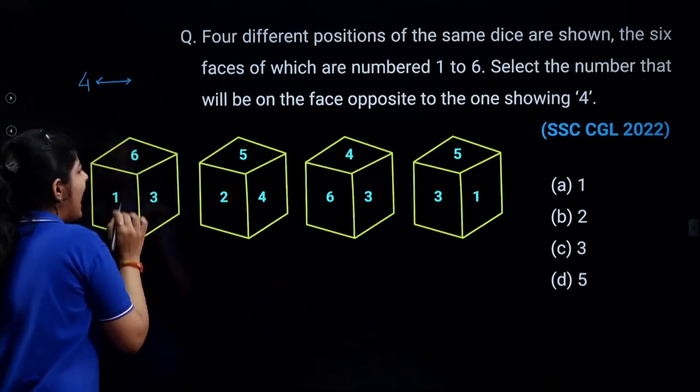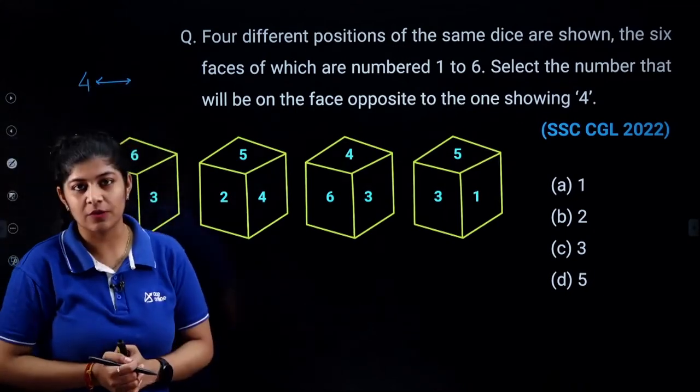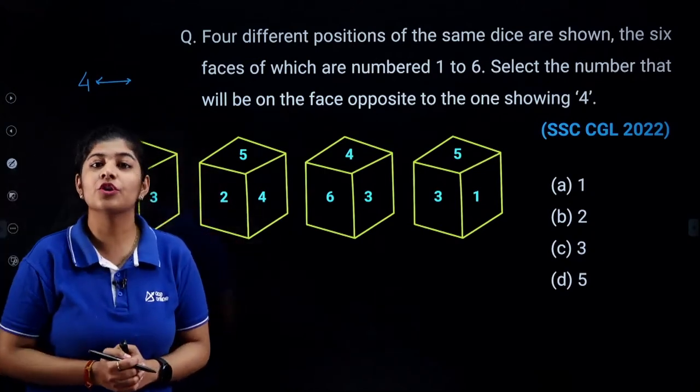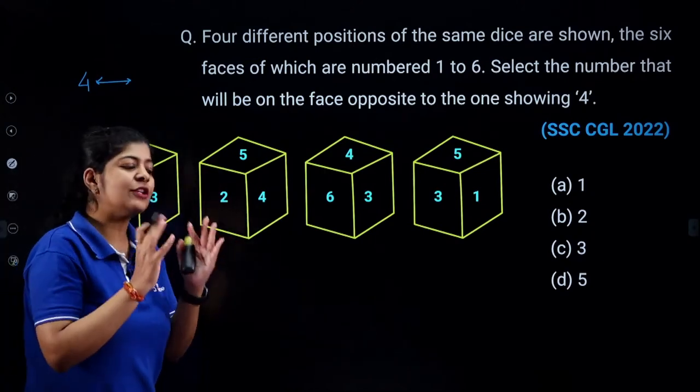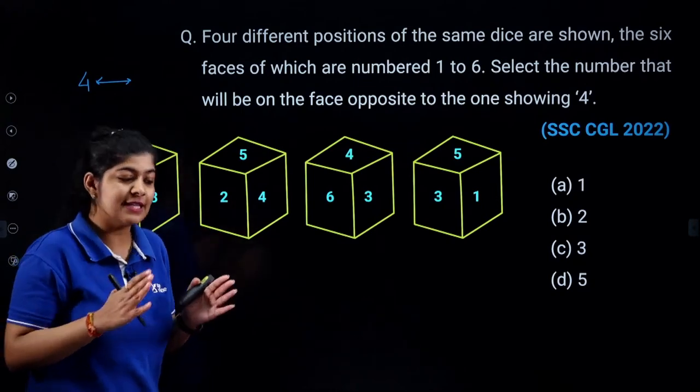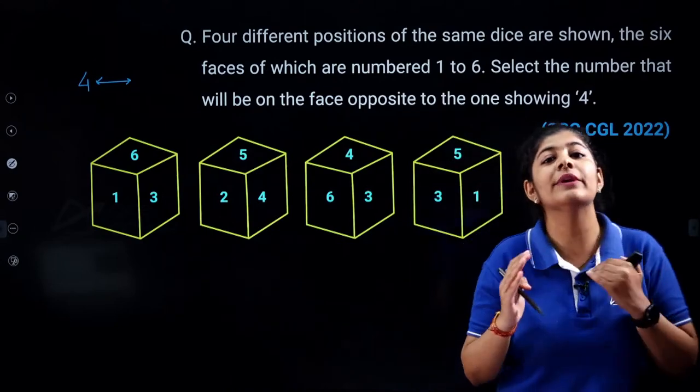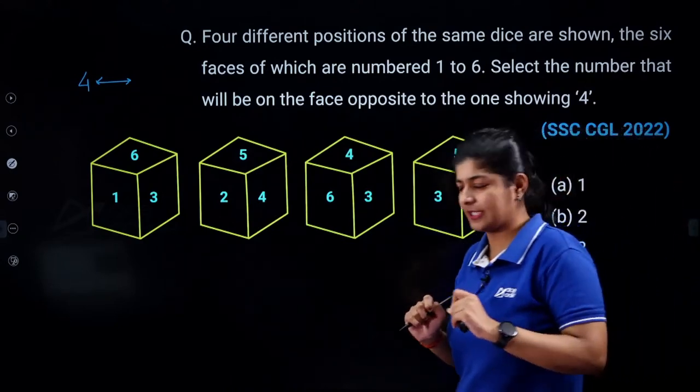Okay. So how are we going to attempt this particular question? We know that the dice is made up of a cube. And whenever we talk about opposite faces, they can never be seen adjacent to each other. We know all these logics, right?